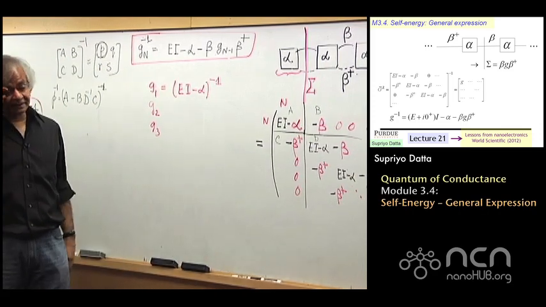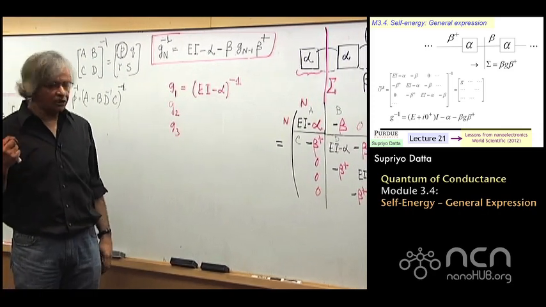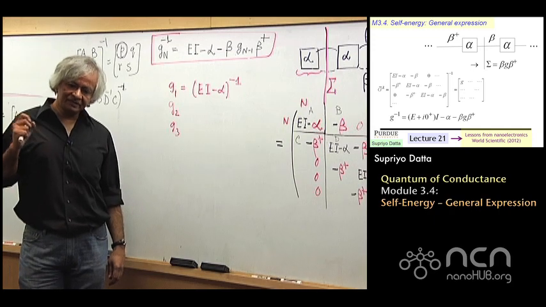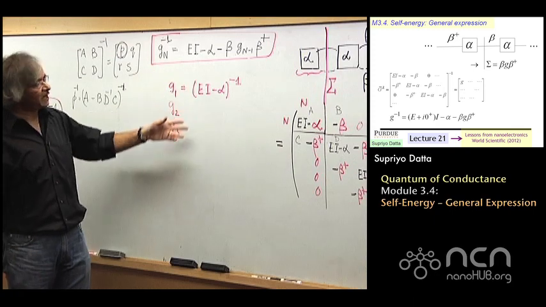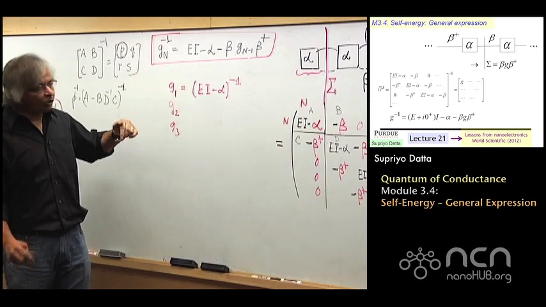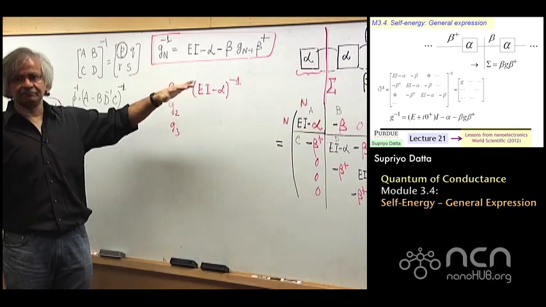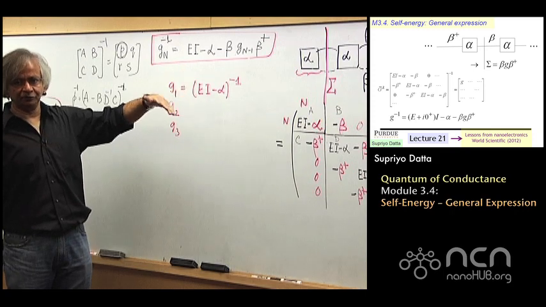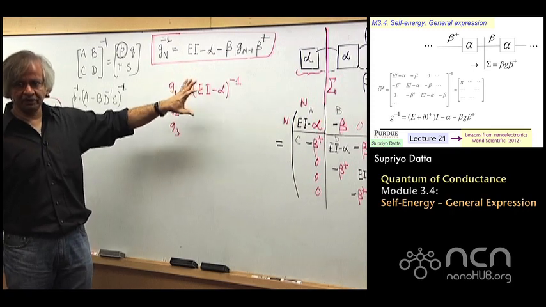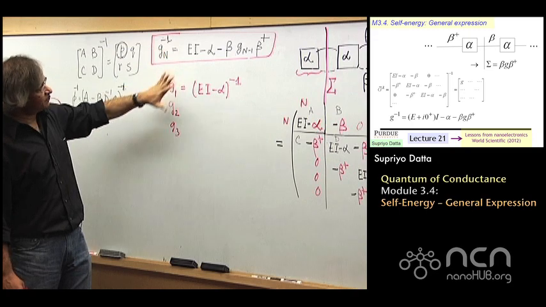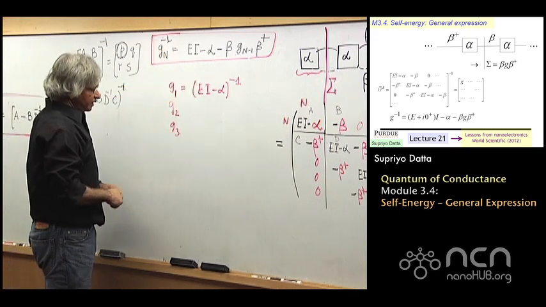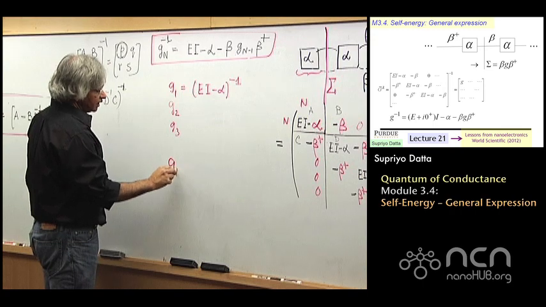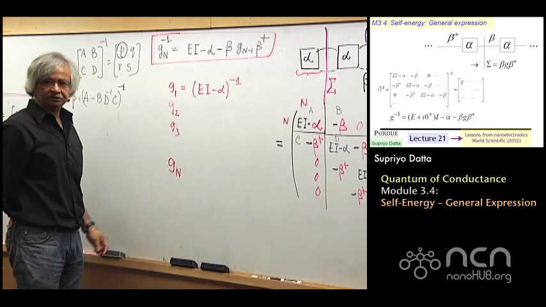And again, as I said, in this class I'm not getting into the issues of how you design efficient algorithms. For example, what I just described to you, there are more efficient ways of doing this. Something called the Sancho-Rubio algorithm, you can look this up. But those are things I won't be going into. The basic principle is that you start from that G1, keep iterating, and then you stop when you have a Gn that doesn't change too much.